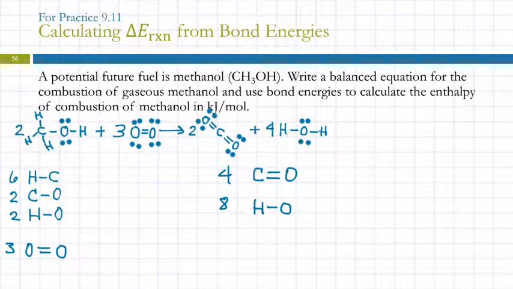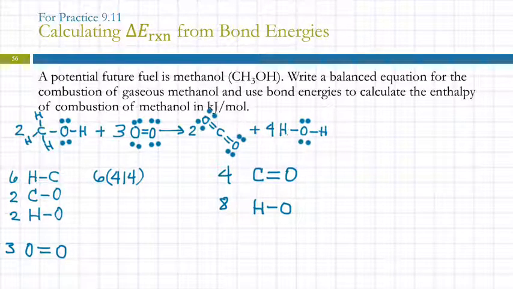Okay, so I wrote all that stuff on the board. To break a mole of hydrogen-carbon bonds, it's 414 kilojoules per mole, but I'm breaking 6 moles, so it's 6 times that.